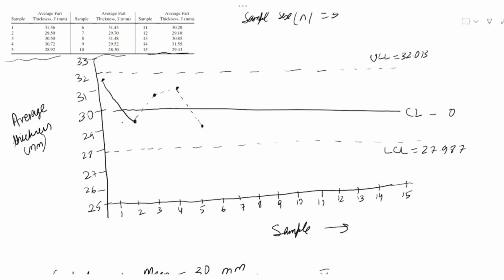Next is sample 6, 31.45. Sample 7 is 29.7. Sample 8 is 31.48. Sample 9 is 29.52. Sample 10 is 28.3.